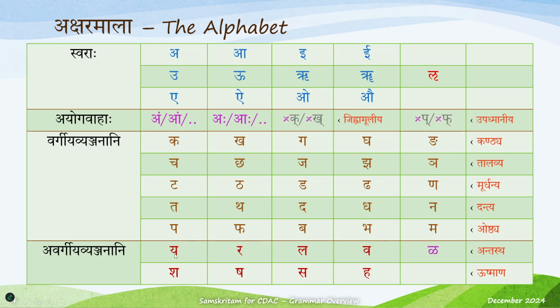For example, reverse of i is ya, reverse of r is ra, reverse of l is la, and reverse of u, au is va, they say. You can kind of see that. Au, va.